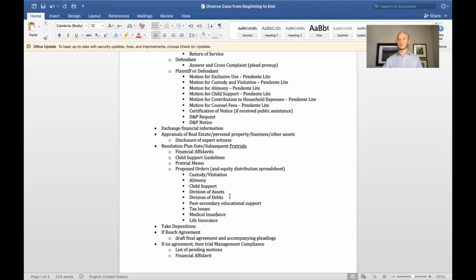Or sometimes people want more time. A judicial pretrial is, generally speaking, only an hour-long meeting with a judge, and there's only so much you can get out of an hour. And there are sometimes more complicated cases where you can't get enough done in an hour. So what we can do is get a private mediator, which is, generally speaking, a retired judge.